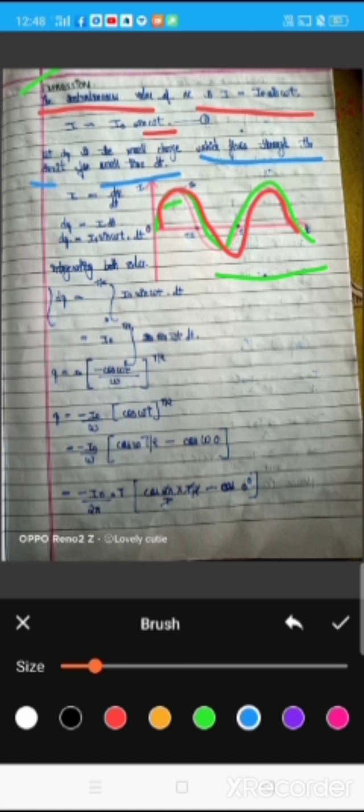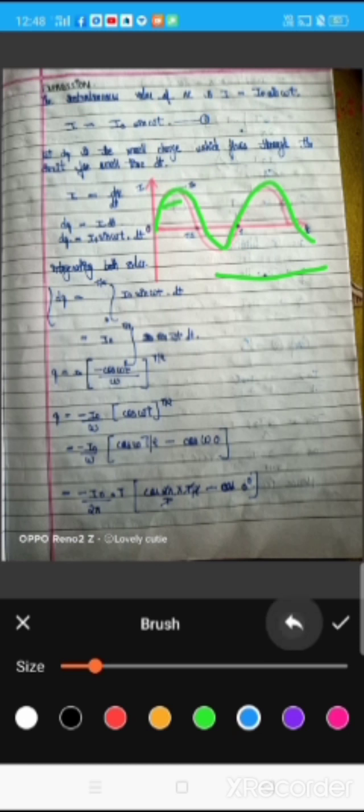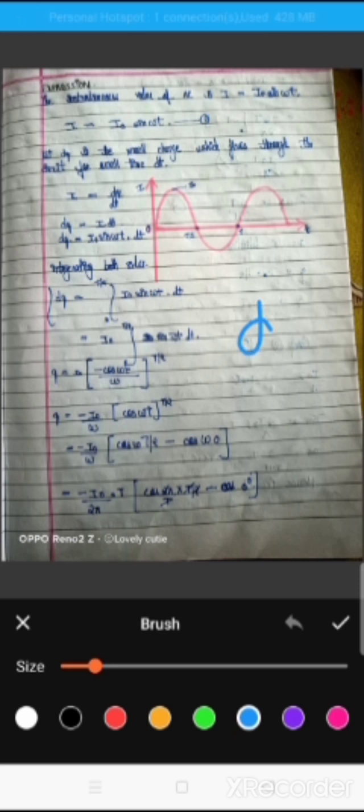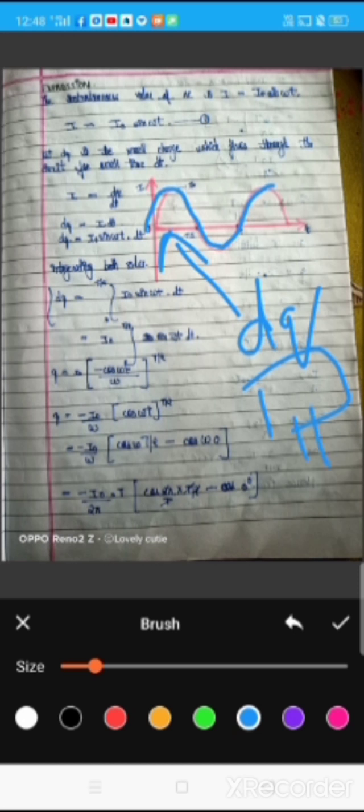What we are supposing here, let dq is the small charge which is flowing through the circuit. If this is a circuit, so small charge dq is flowing in a small time dt.